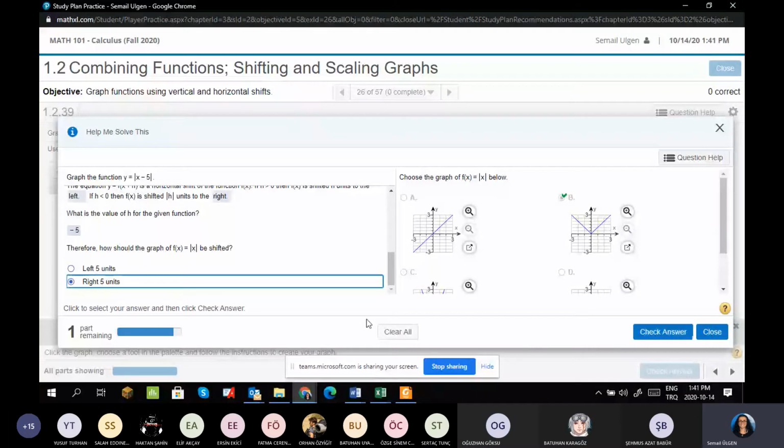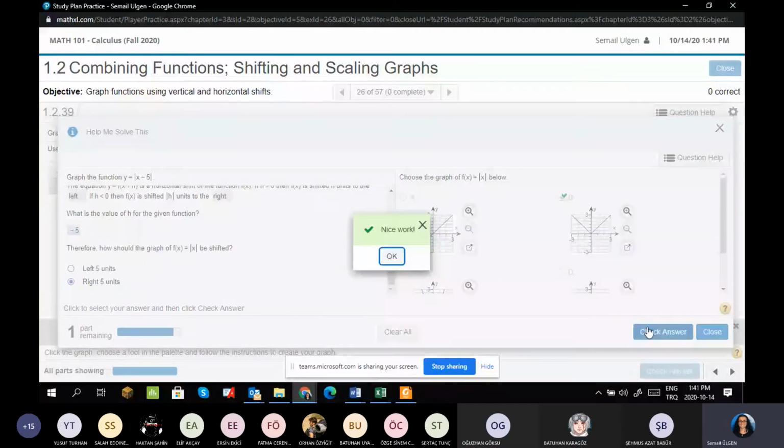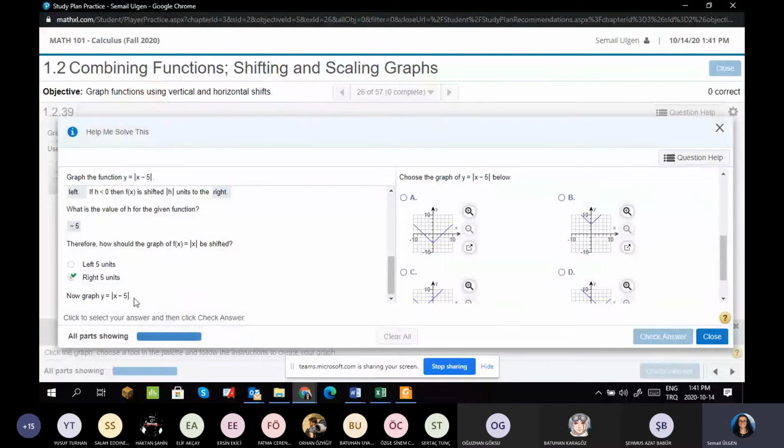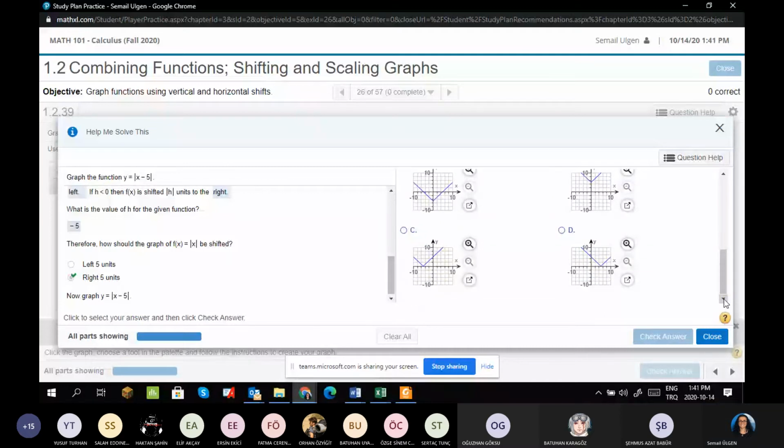Let's check whether we are right. Nice work. And then now graph absolute value of x minus 5. So we have the V-shaped graph of absolute value, and we are going to shift it 5 units to the right. Which one, C or D? D. That's right. You got the answer.